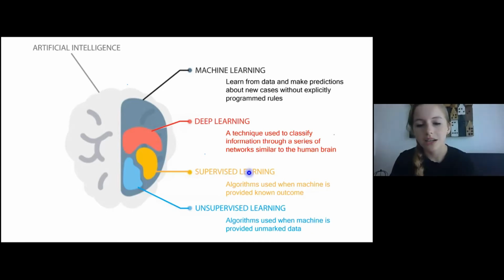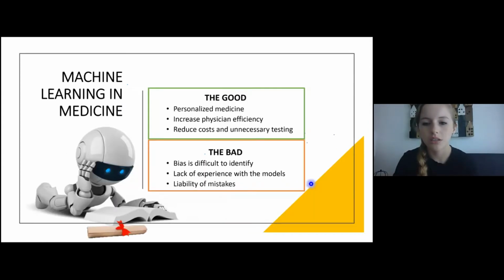Now, if I tell the machine what I'm looking for, say cat or not cat, and then give it a series of examples or a training set where it can learn what a cat is and then test its ability on examples that it hadn't seen before, then this would be supervised learning. And we'll go into some more detail about these techniques a little bit later in the talk.